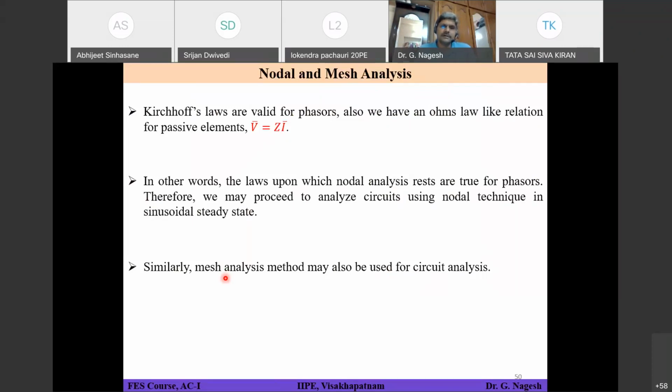Therefore, we may proceed to analyze circuits using the nodal technique in sinusoidal steady state. So nodal and mesh analysis techniques are applicable for AC circuits also, in steady state condition.